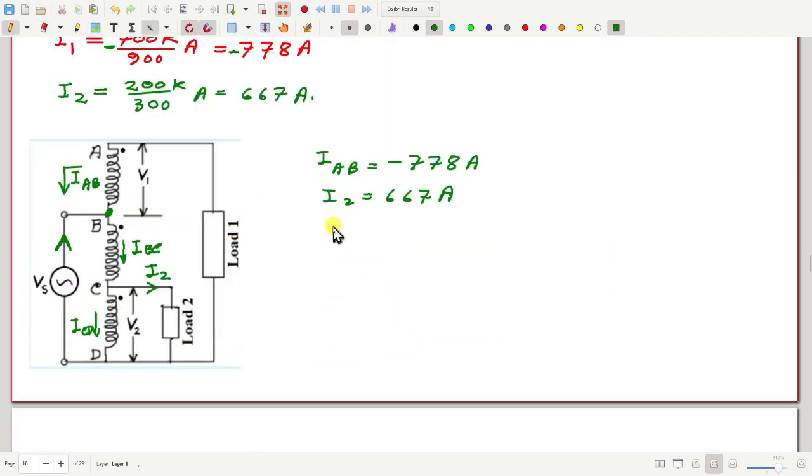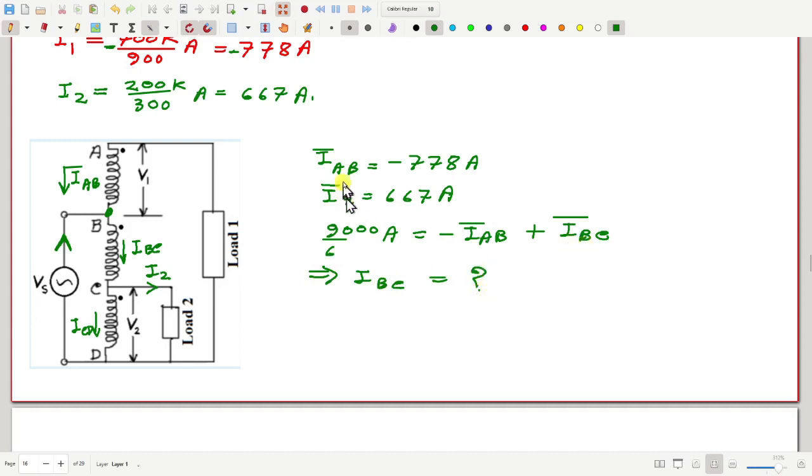So we can write 9000 by 6 ampere is equal to minus IAB plus IBC. So from this we can get IBC, how much is it equal to?